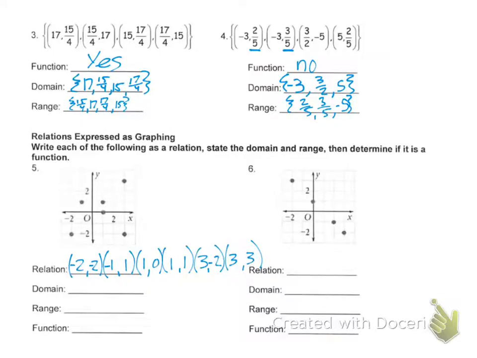So, once I have my points stated, it's really easy to figure out my domain, isn't it? My domain: -2, -1, 1, 3. The range: -2, 1, 0.